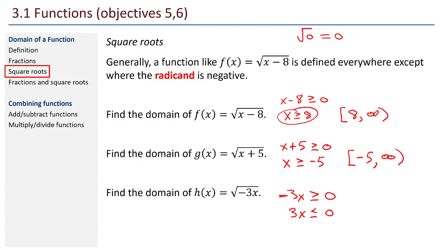Negative 0, 0. And then I can divide both sides by 3. Now, 0 divided by 3 is okay. That's just 0. So I end up with x is less than or equal to 0. So, as an interval, negative infinity up through 0, and I'll put a bracket on the right of 0.